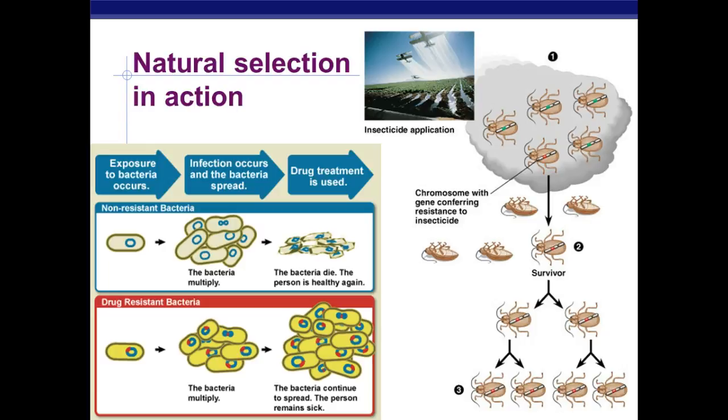We can see this process of natural selection in action today through human intervention. When we spray insecticides to kill the pests that eat our crops, some of those insects will naturally contain a gene or a mutant variation of a gene, giving them resistance to the pesticide. So after an application of the insecticide, only those individuals with the gene for resistance survive.